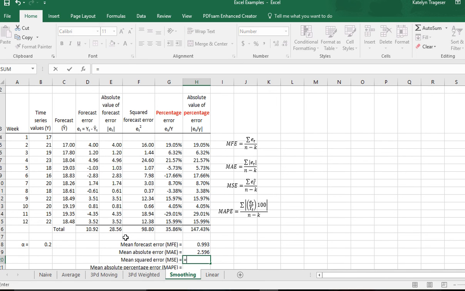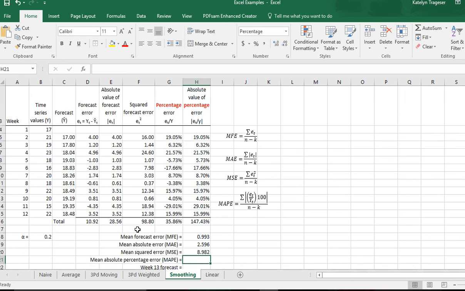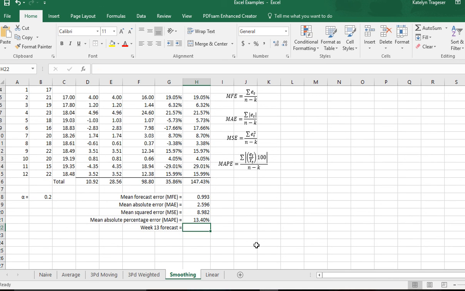Then our mean squared error is the sum of our squared error divided by n minus k. And our mean absolute percentage error, or our MAPE, is the absolute percent error sum divided by n minus k, or 13.40%.